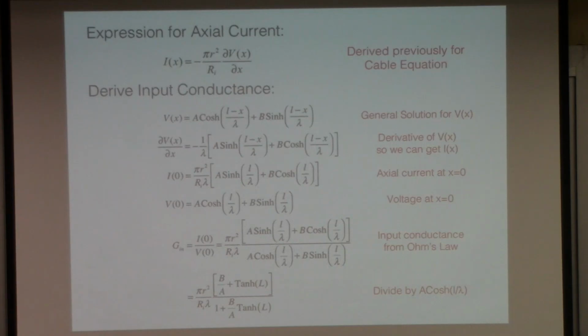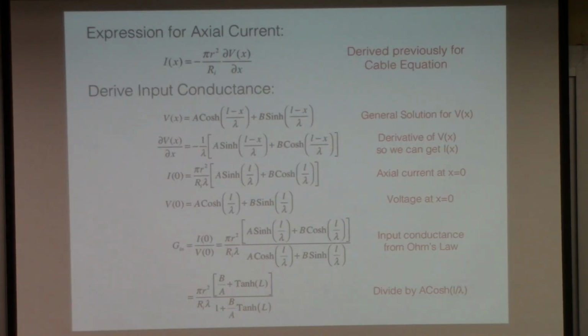And we have already developed an expression for the axial current at any point along the cable and the relationship that it must have to the partial derivative of V of x, right? So we've got this term on the left-hand side.